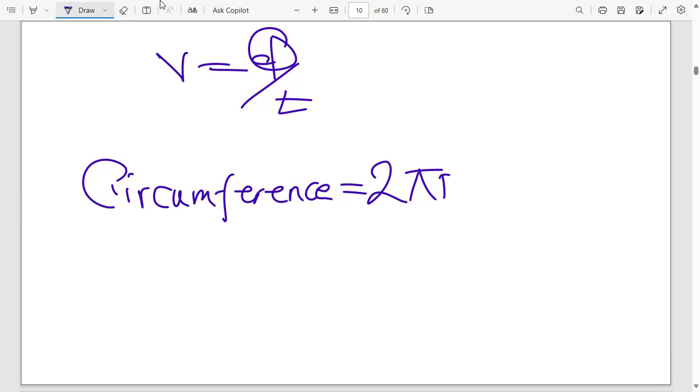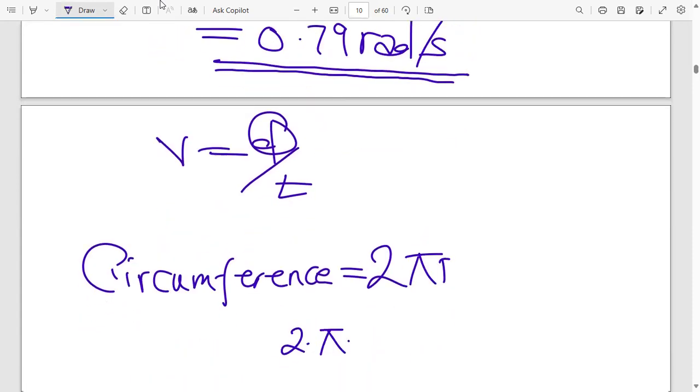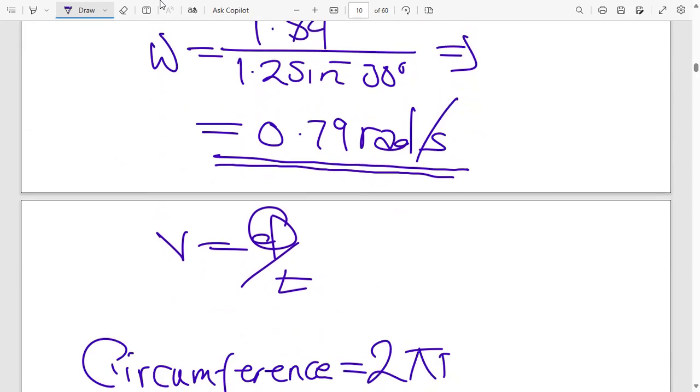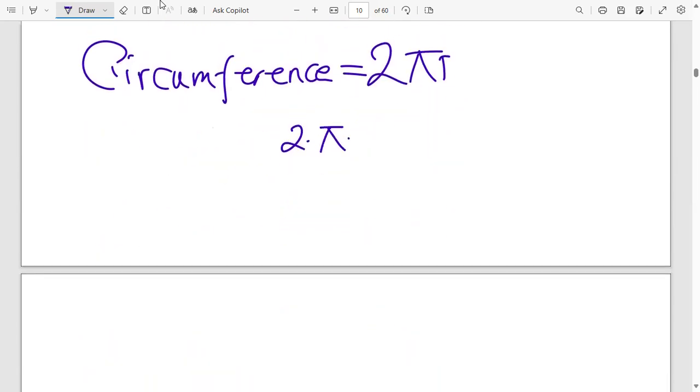So let's calculate. Circumference is 2 multiplied by pi multiplied by r, of which r is equal to 1.2 sine 30 degrees, which is 0.6. So 2 pi 0.6.